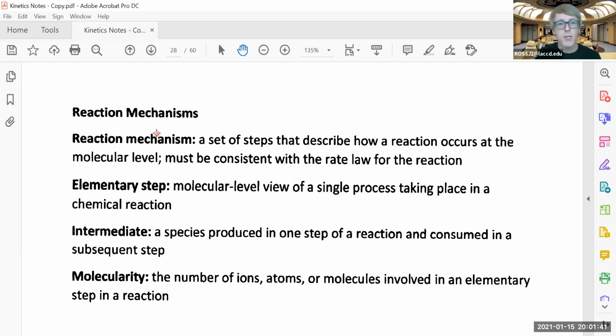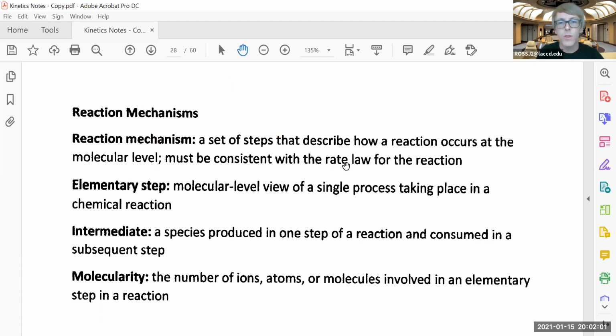So essentially, reaction mechanisms are a set of steps that explain how a process occurs from reactants to products. And it's consistent with the rate law. We've seen the rate law already.